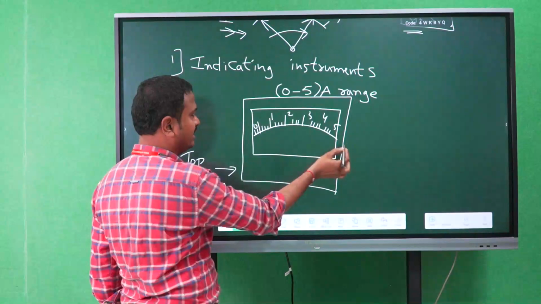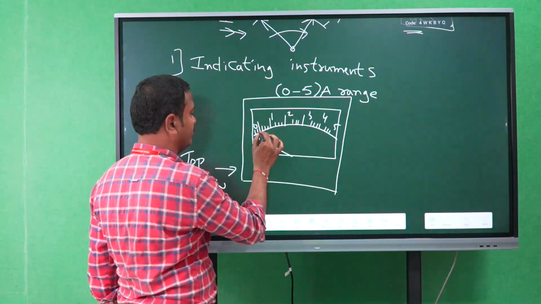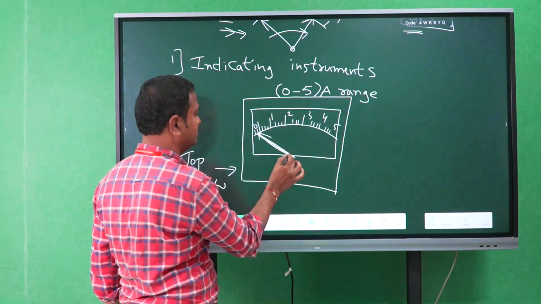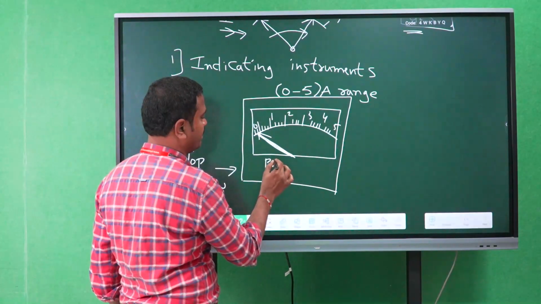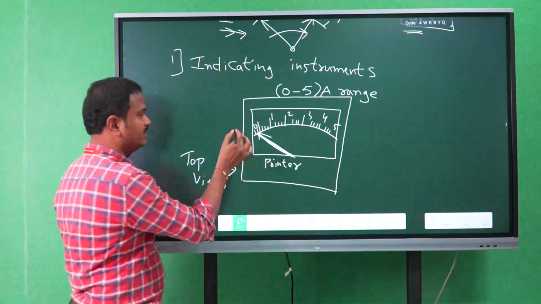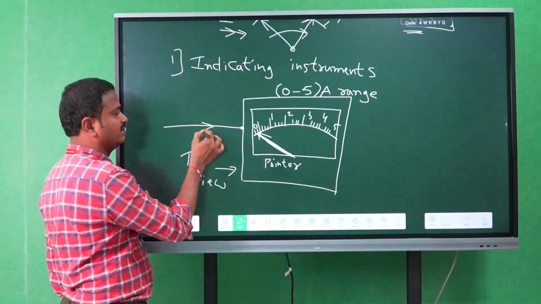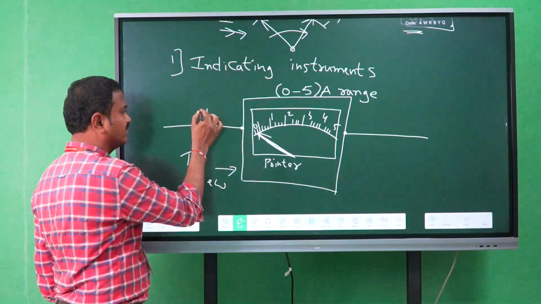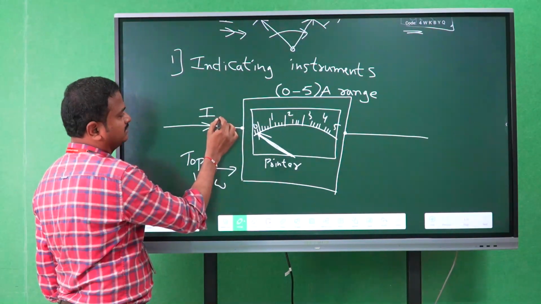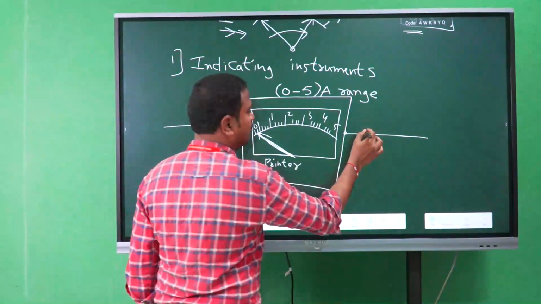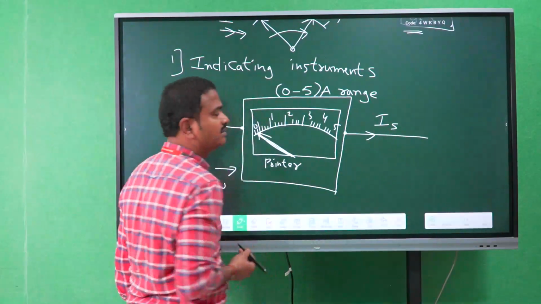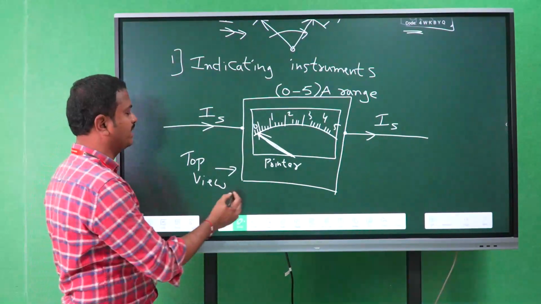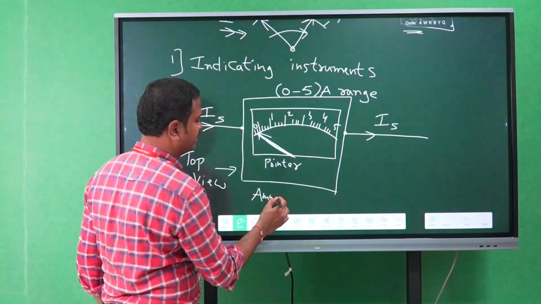In this we have a graduated scale and we have a pointer. Whenever this ammeter is connected in a circuit, the supply current will be flowing through the ammeter.